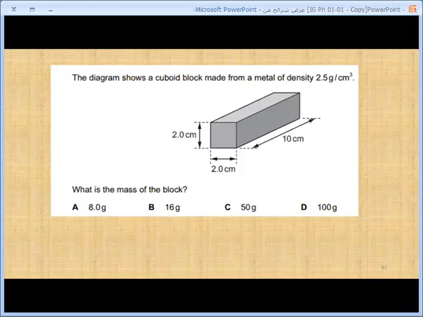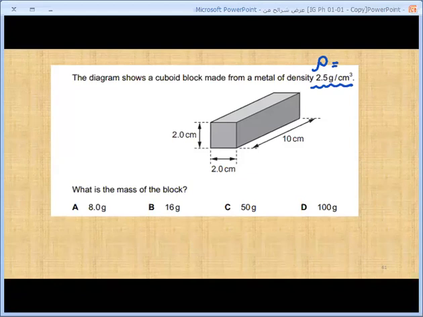Here, the diagram shows a cuboid made from a metal of density rho. During reading the question, once you see a given, write the given.